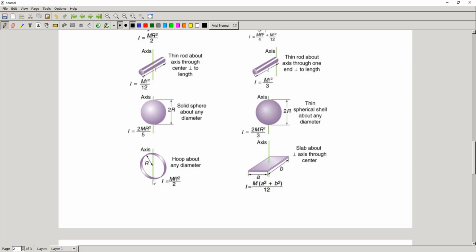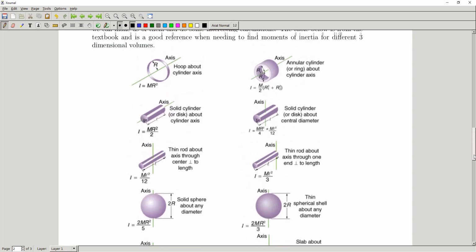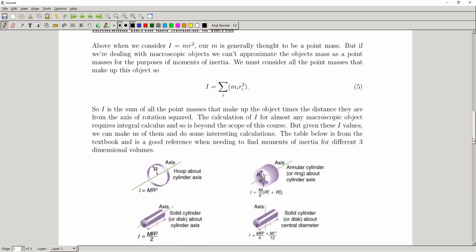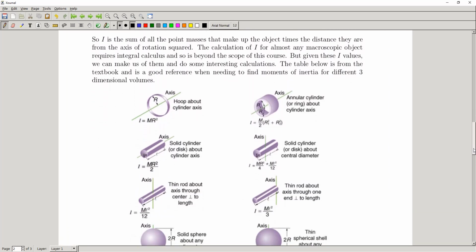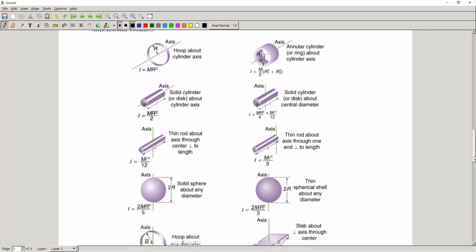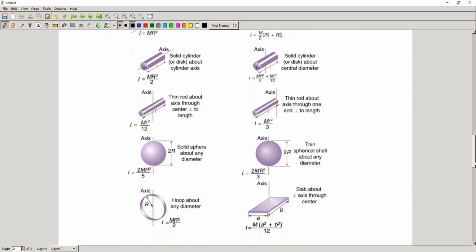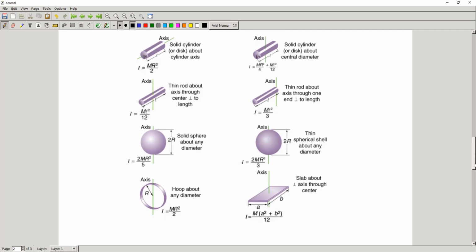The axis wouldn't even really need to be in the object. You could have an axis that was way outside of the object and still have to calculate that. But somebody's gone to the trouble of using calculus, doing the integrals, and calculating all of these I values for us, so we can use them in solving some problems.